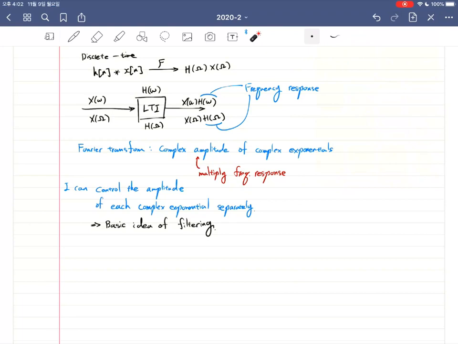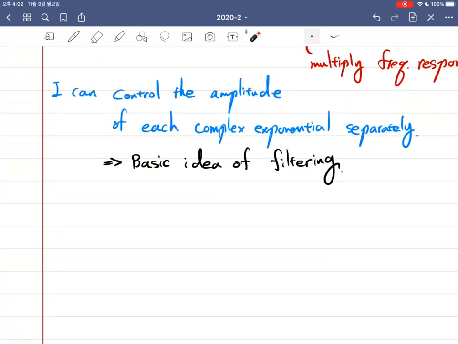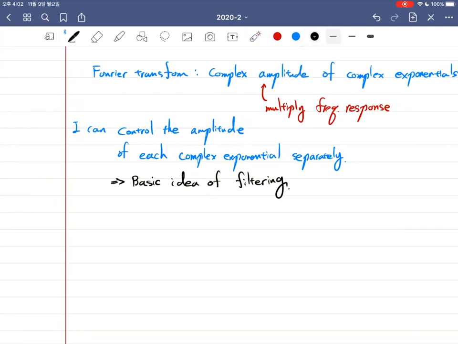We will start with the ideal low-pass filter, high-pass filter, and band-pass filter that we already know.